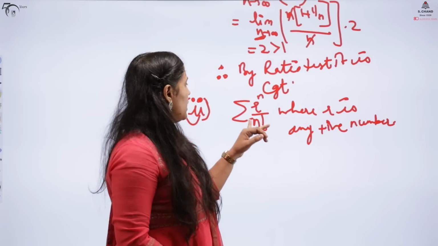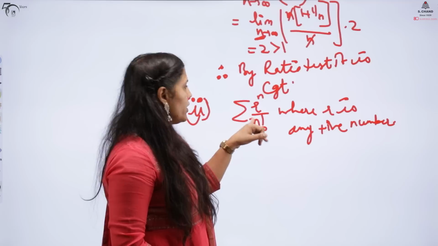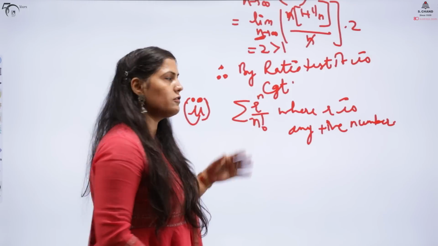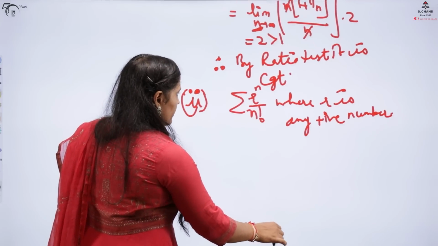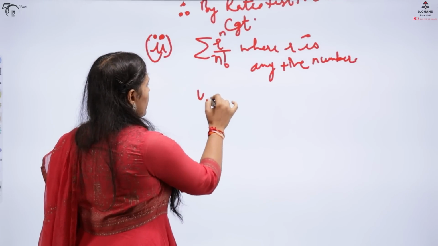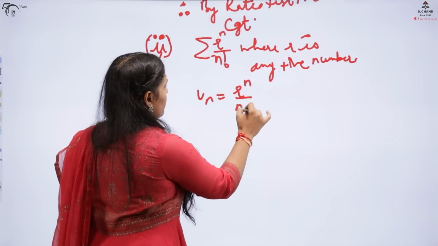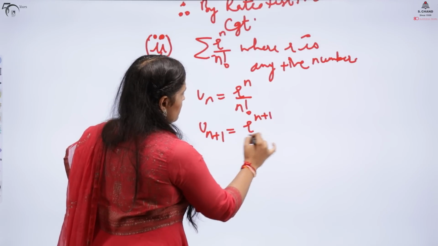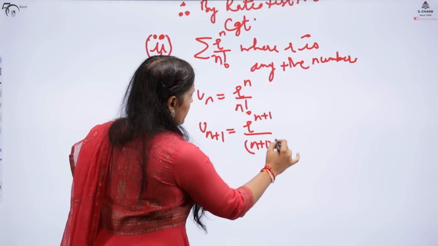How to check now? There is a factorial, other tests can also be applied, but let's see how simple the ratio test is here. So un is Rn upon n factorial. What will be un plus 1? Simply replace n by n plus 1 in the nth term.